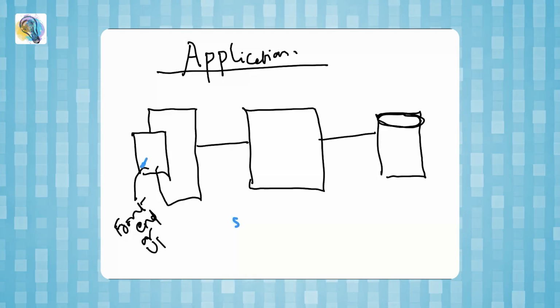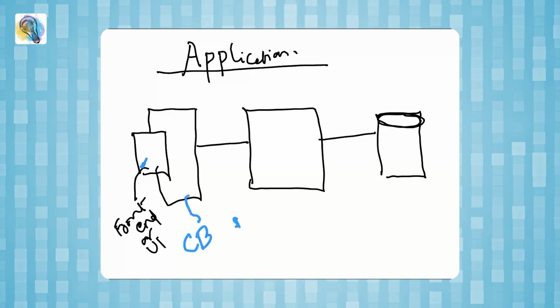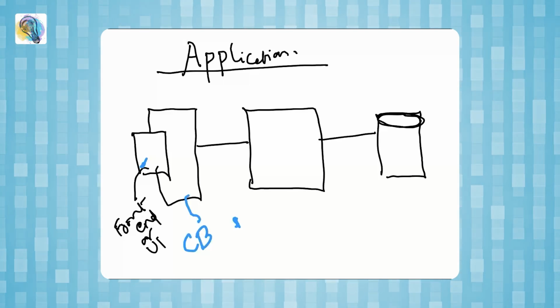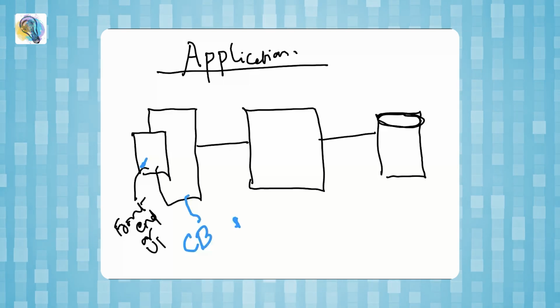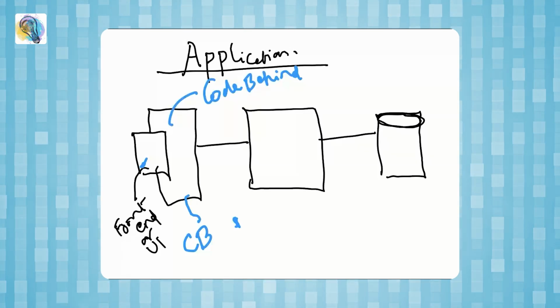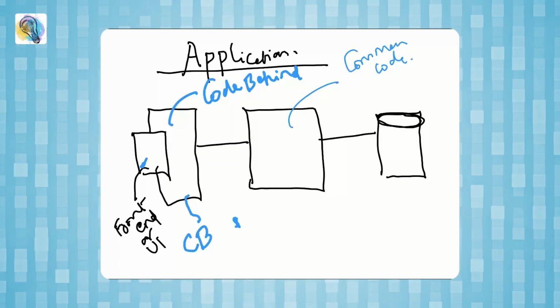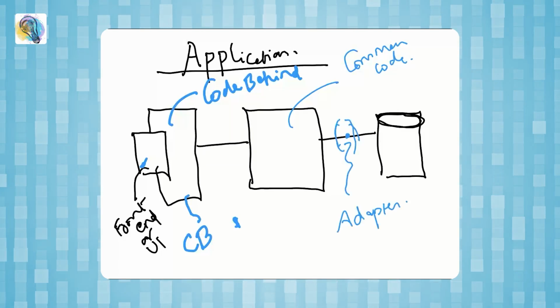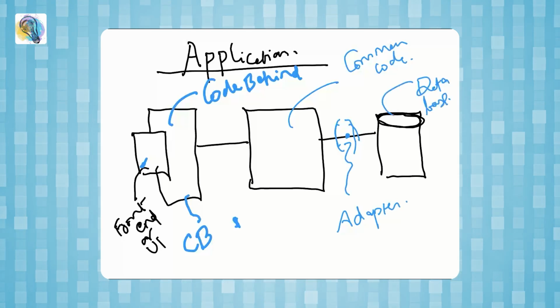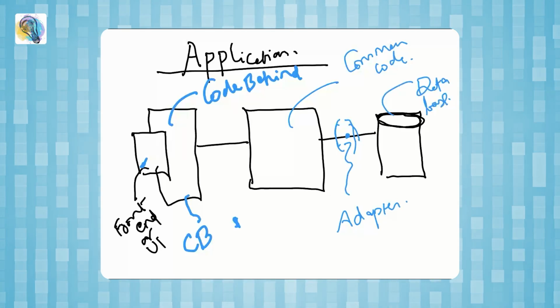This is the front end or UI, and this is the code behind, and this is the common code, and this is called the adapter. This button, that's why I'm drawing it like this, and this is the database. So this is how an application will look behind the screen.